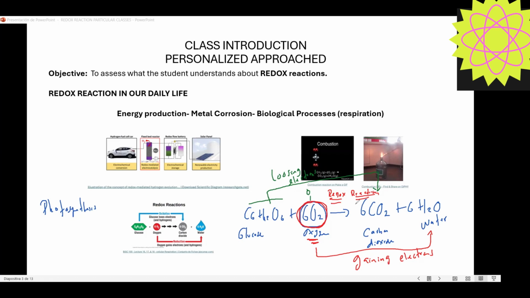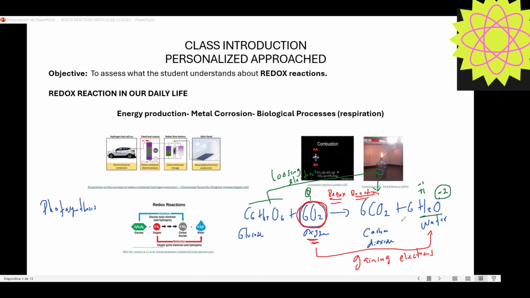But when oxygen is combined with a hydrogen atom, and the hydrogen atom normally is going to be +1 or -1, right? So we're going to say oxygen in a compound is -2, right? So in this case, the oxygen is 0 and it will be gaining electrons because its oxidation number is -2.